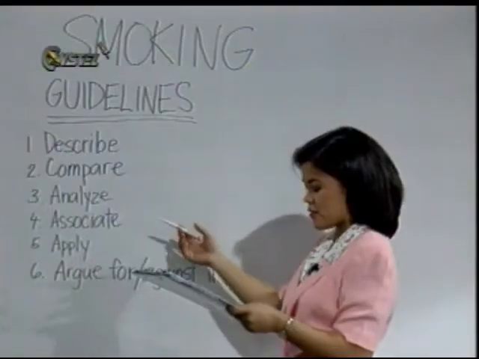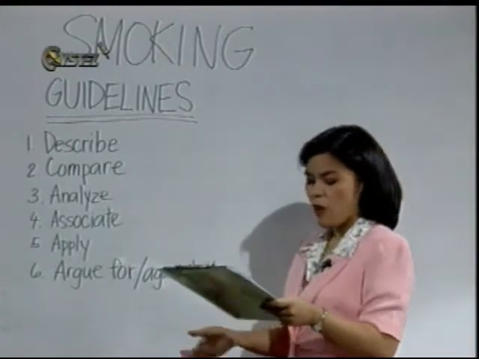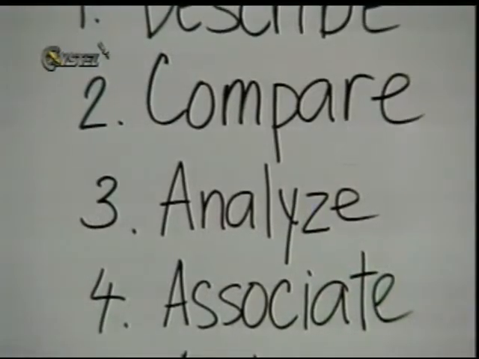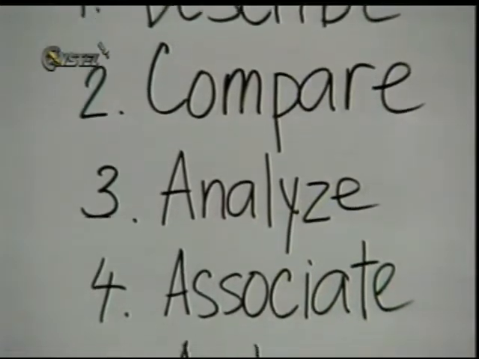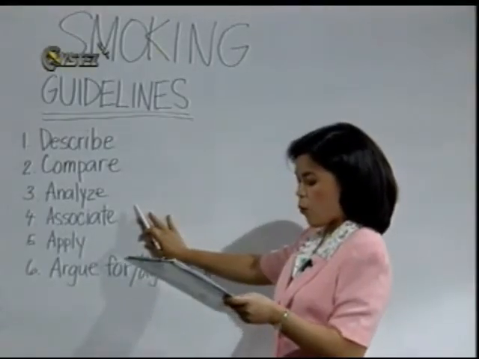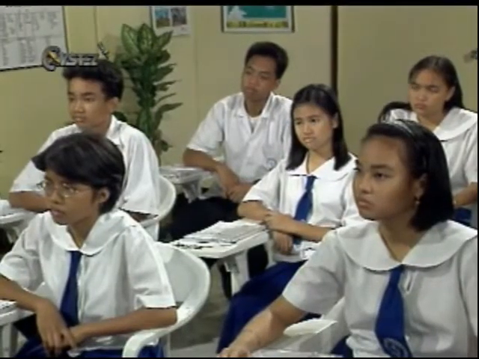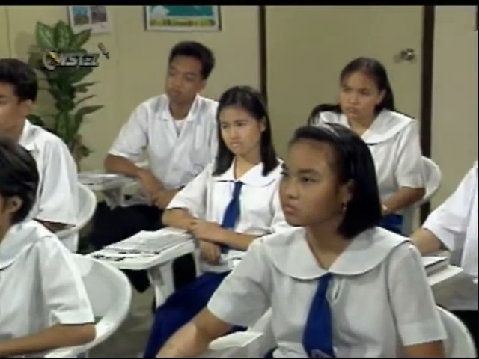Afterwards, analyze it. What is it made of? What are its parts? How are they arranged? Okay? Afterwards, associate it. What does it remind you of? What do you associate it with? What stories, events, or situations come to mind when you think of it?